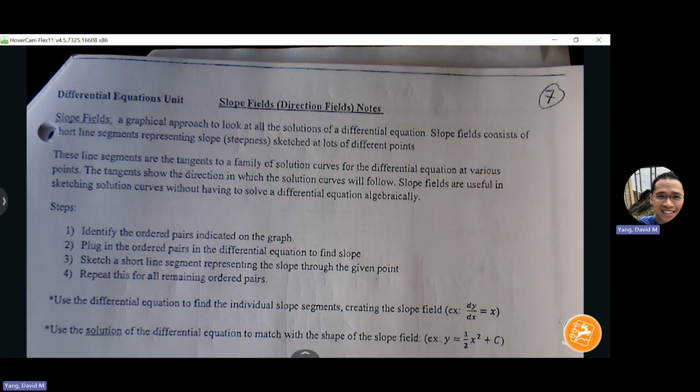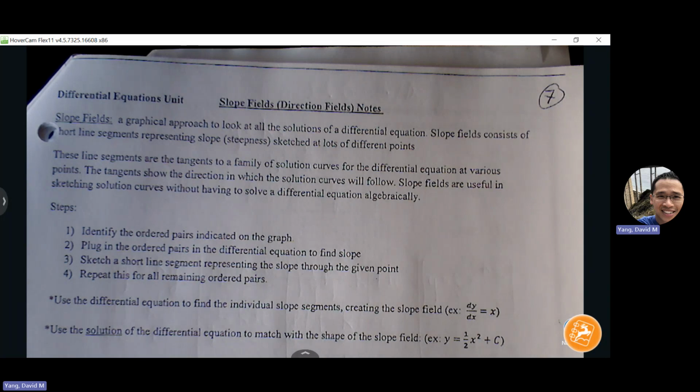We have such limited rules available to us that there's a lot of differential equations that we're not able to solve using calculus methods. But slope fields can produce a picture of what the graph could look like, even though algebraically and calculus-wise, we're not able to produce the solution.